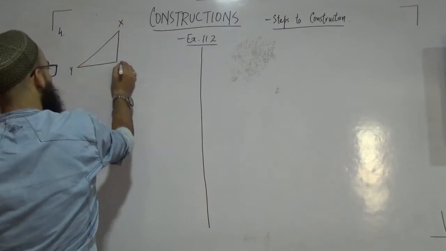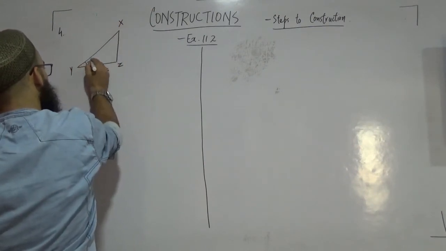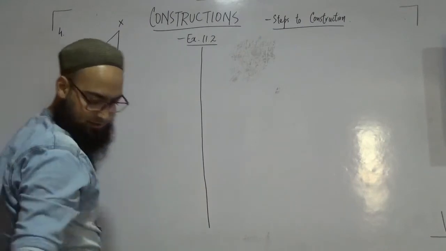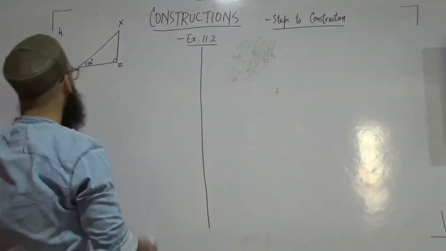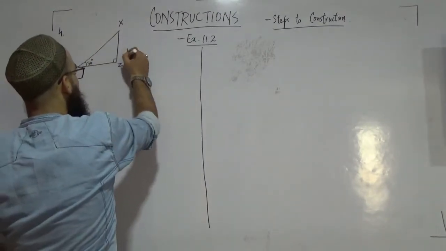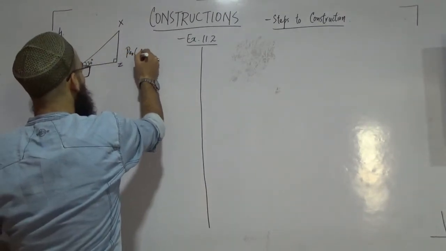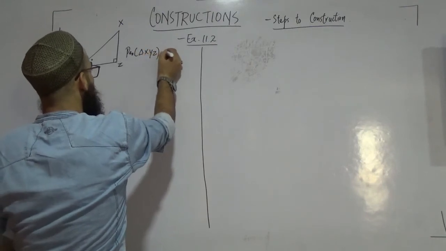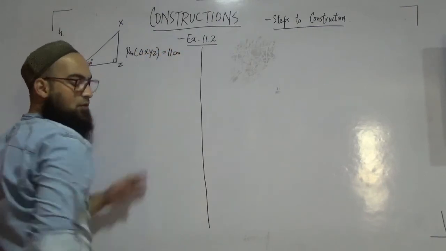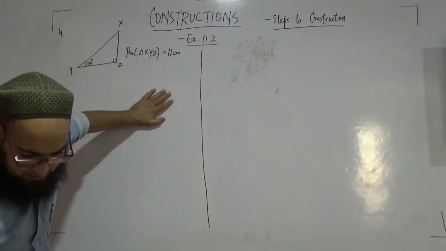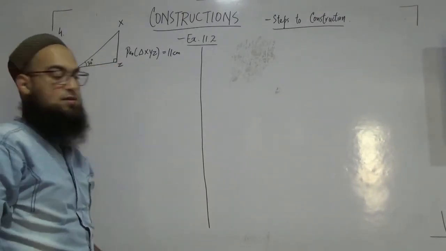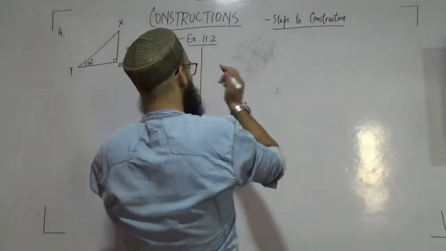X, Y, Z. This is 30 degree. And this is 90 degree Z. And XY plus YZ plus ZX is equal to 11 centimeter. Perimeter of triangle XYZ is equal to 11 centimeter, because sum of all sides of a triangle is a perimeter. That's it. So you need to construct this thing now.